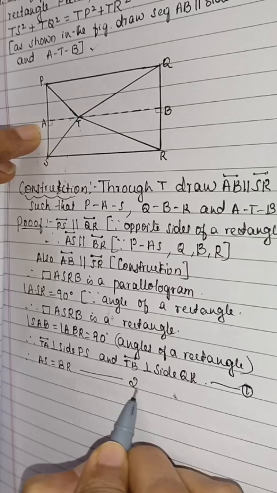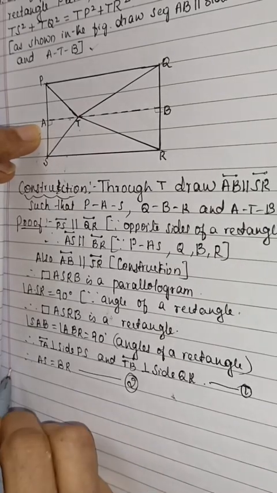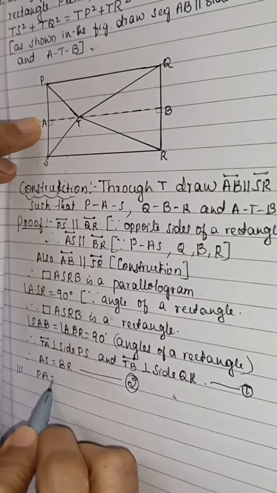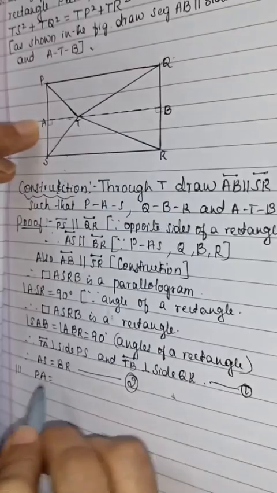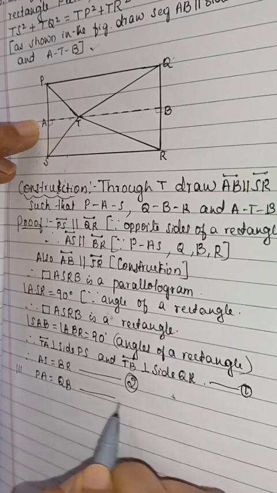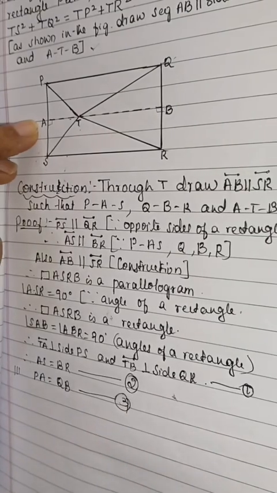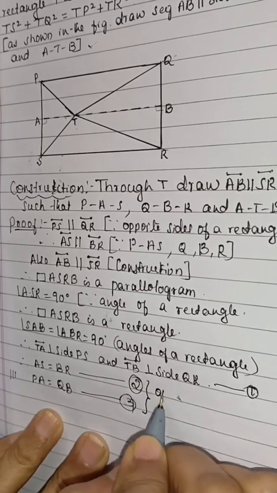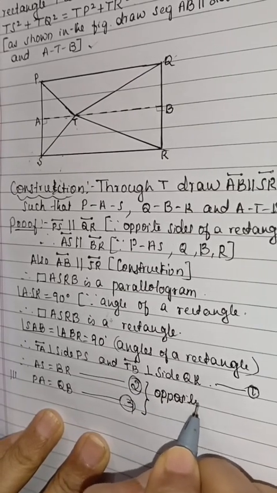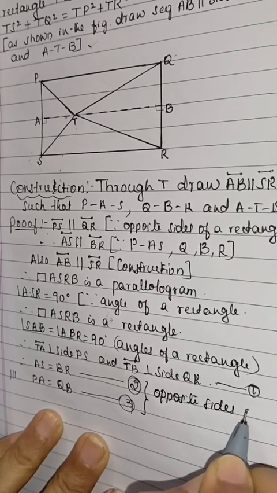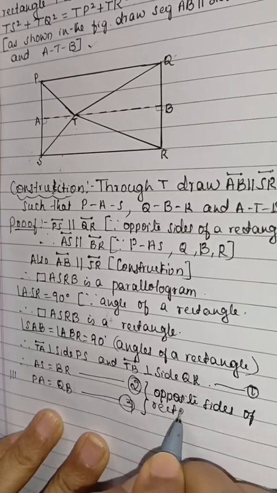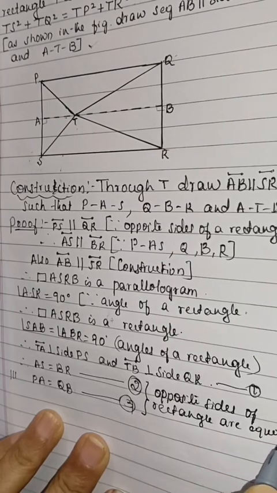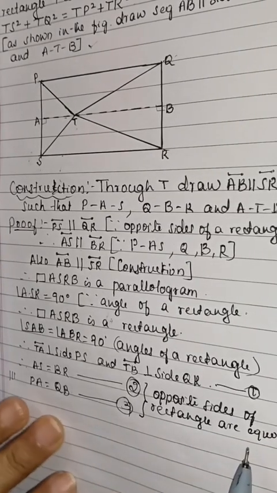This is equation number 2. Similarly, PA equals QB. This is equation number 3. This is because opposite sides of a rectangle are equal.